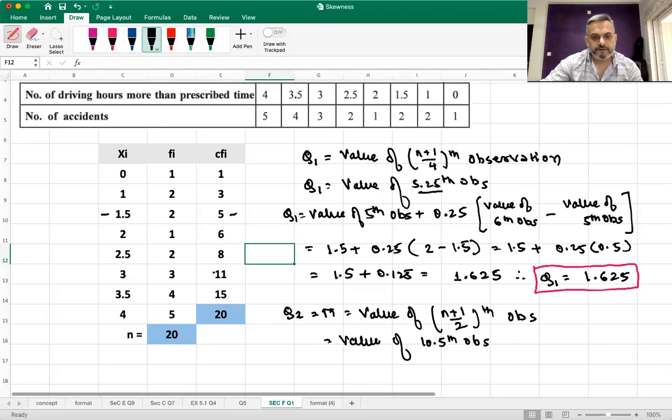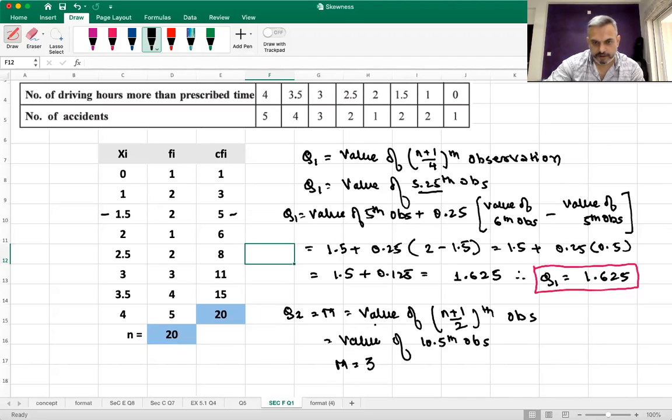Now 10th observation is 3 and 11th observation is 3. So here directly we can say median is equal to 3.